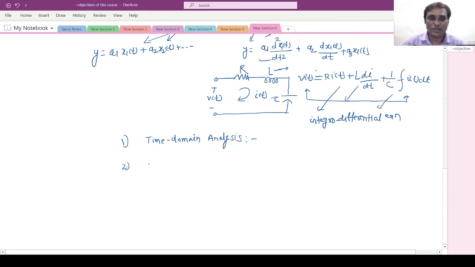The next is frequency domain analysis, where we can use the tool called Laplace transform, which will be used to solve the integral differential equation, and Fourier transform. With it I will be able to know the frequency contents, or the behavior in terms of spectrum.